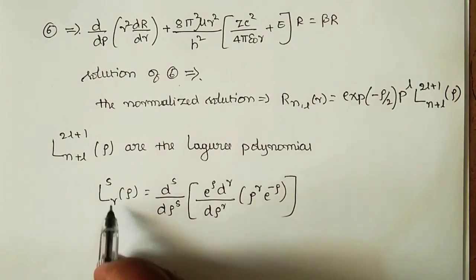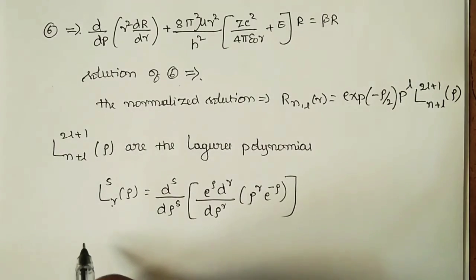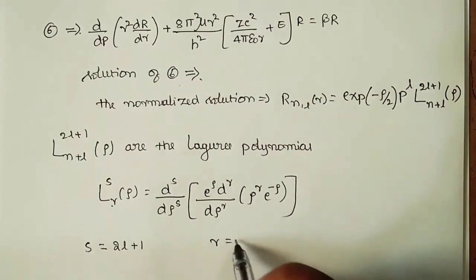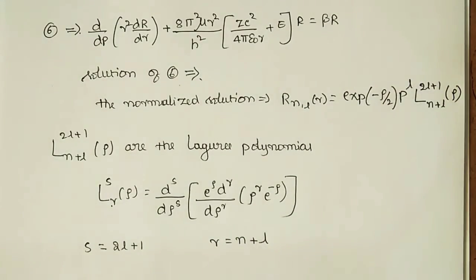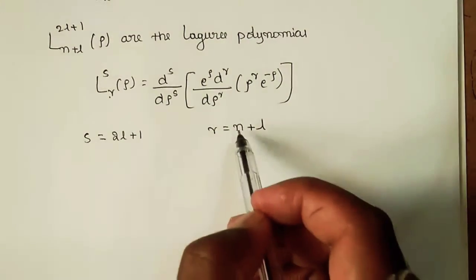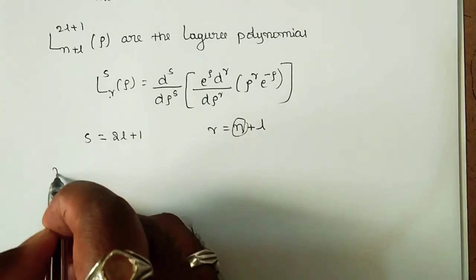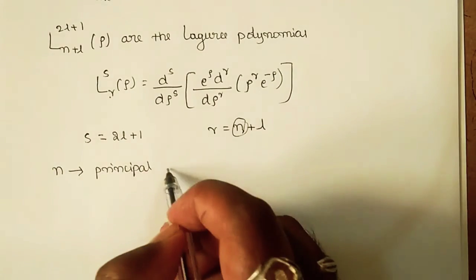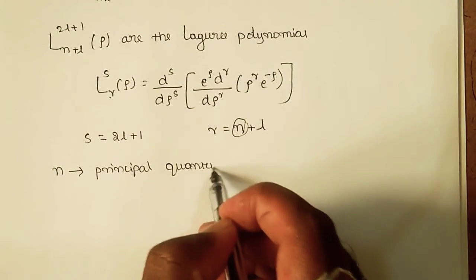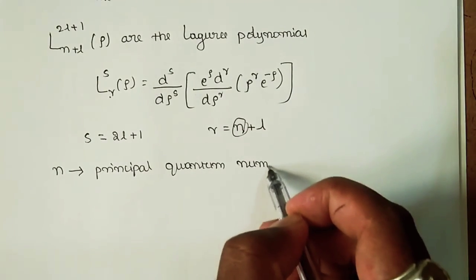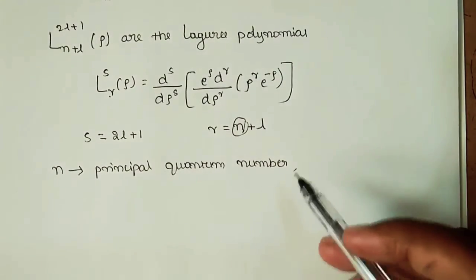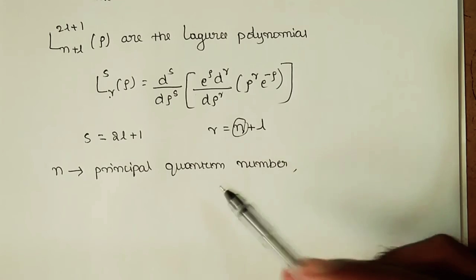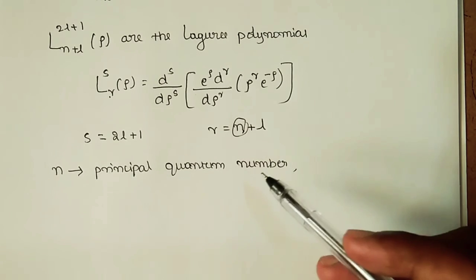Here we have two terms s and r, where s is equals to 2l plus 1 and r is equals to n plus l. And here we have one important term, that is n, called the principal quantum number. This principal quantum number will determine the energy of the different atomic orbitals and the distance of the electron from the nucleus.